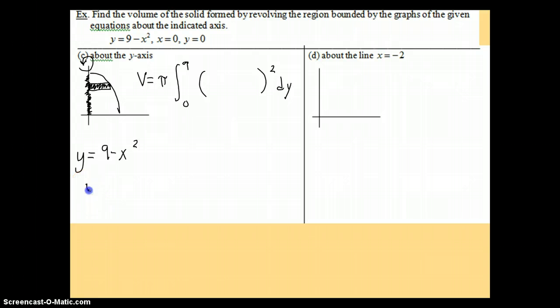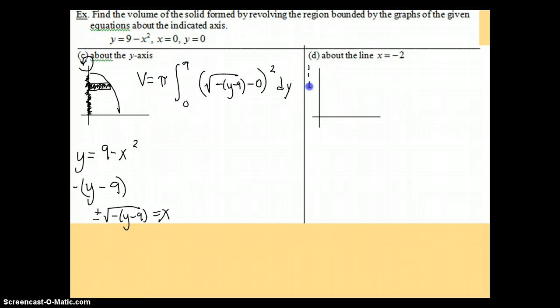So I get y minus 9, change the sign on it, and square root both sides, and that gets me plus or minus the square root of negative y minus 9 is equal to x. We're only interested in the positive version. So right hand side would be square root of negative y minus 9 minus left, if you want to say that, minus 0. And don't forget the pi.